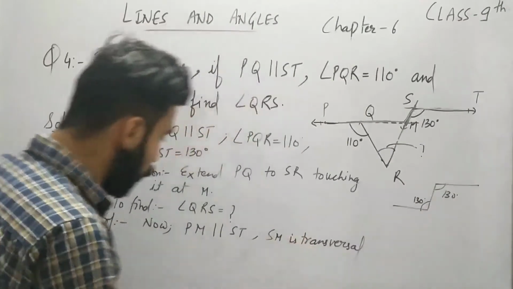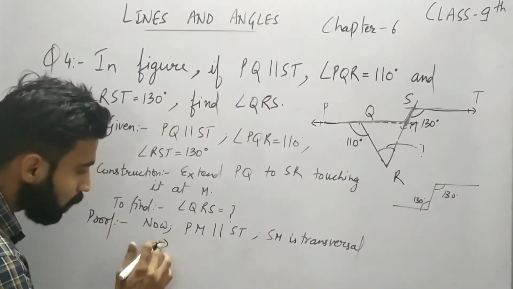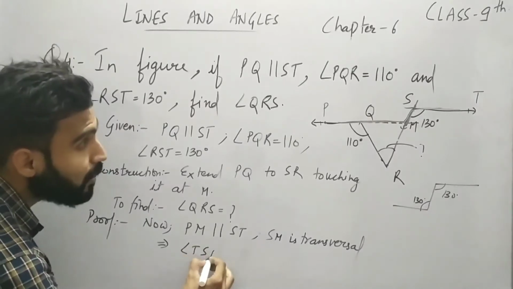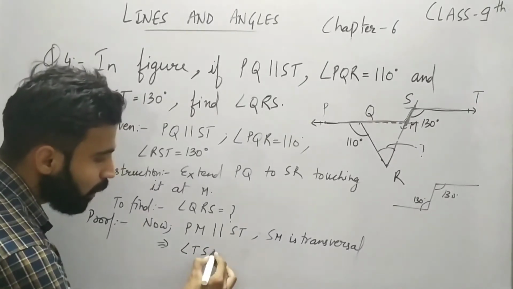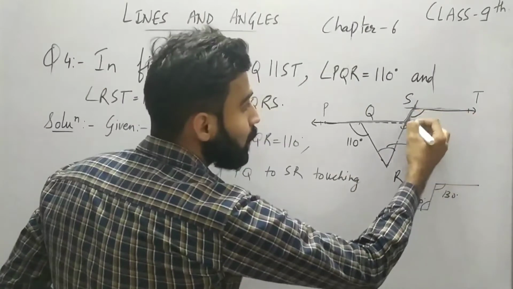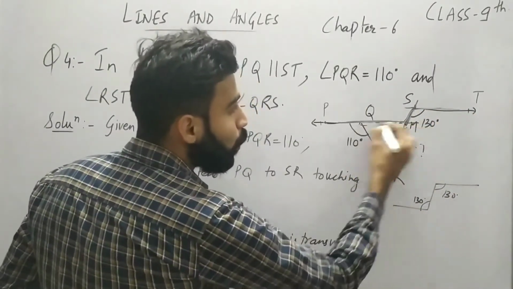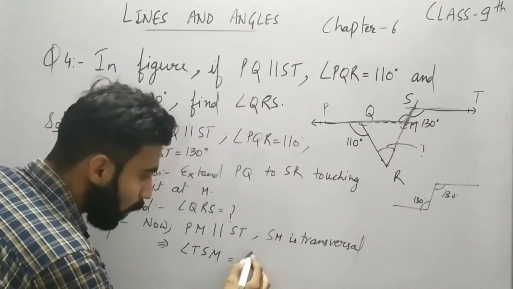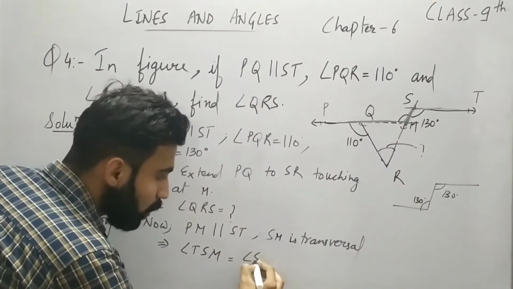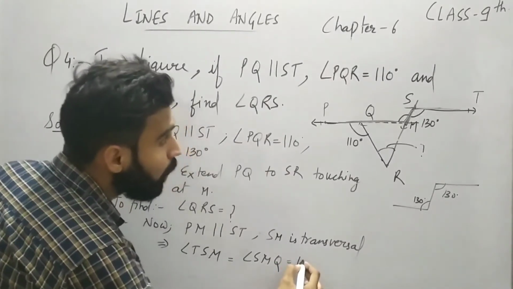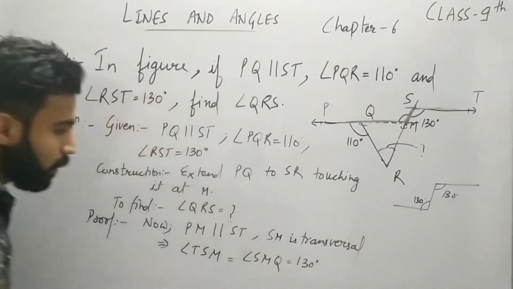So this implies, you can see here, that angle TSM is equal to angle SMQ. That means this one. So angle SMQ, right, equal to 130 degrees, right?